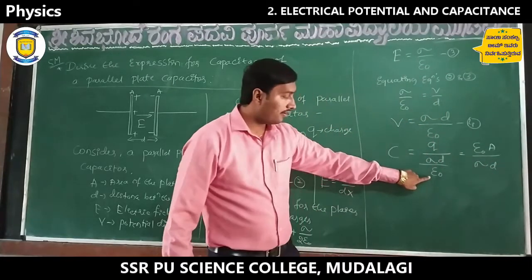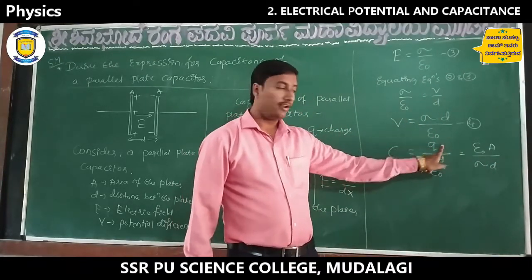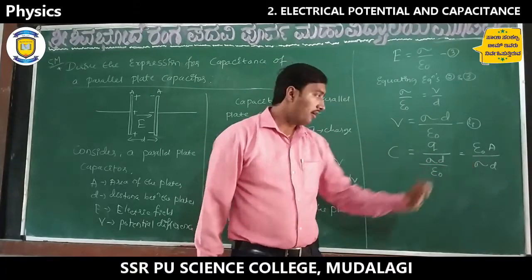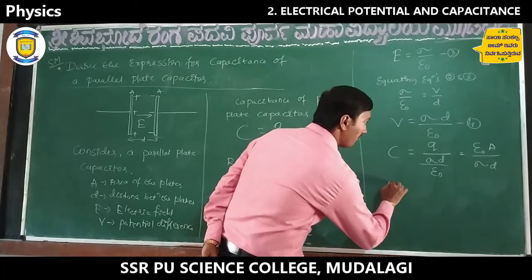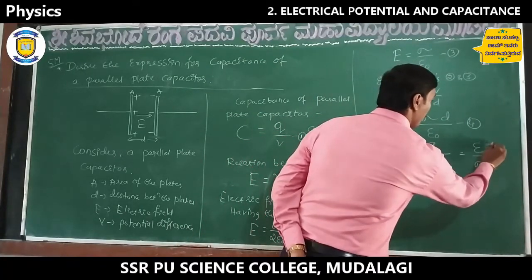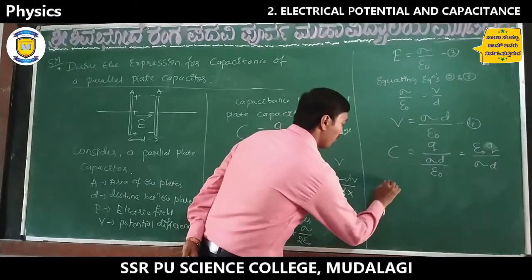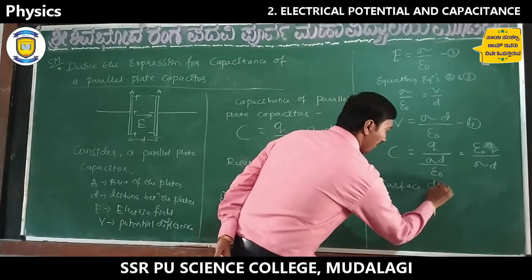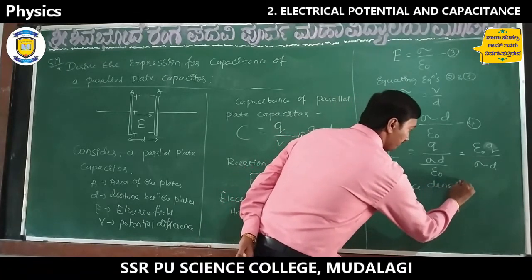You know the surface density of charge, sigma is Q by A. So, surface density of charge.